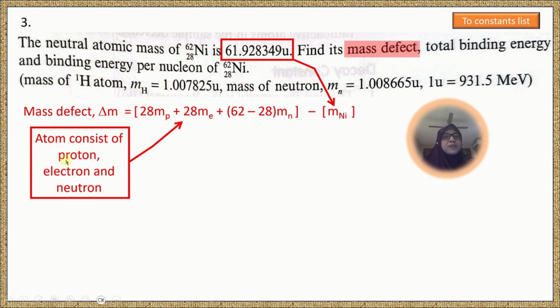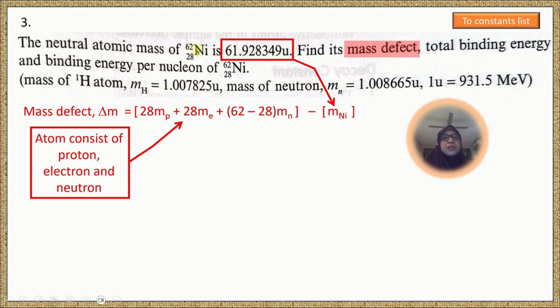The atom consists of protons, electrons and neutrons. So from the symbol here, 28 protons plus 28 electrons and plus neutrons, we can calculate the neutrons using 62 minus 28.